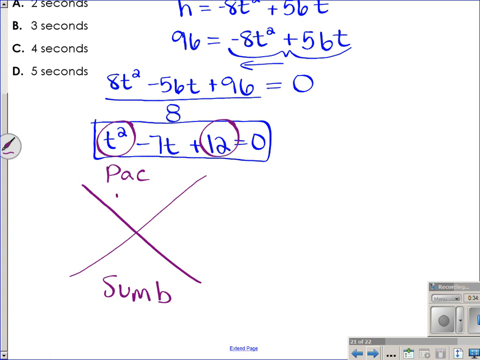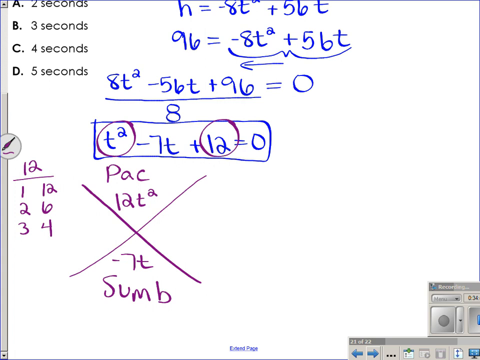T squared times 12 is 12t squared. What is b? Sum B is -7t. So I'm looking for factors of 12 that add up to -7. The factors of 12 are 1 and 12, 2 and 6, 3 and 4.